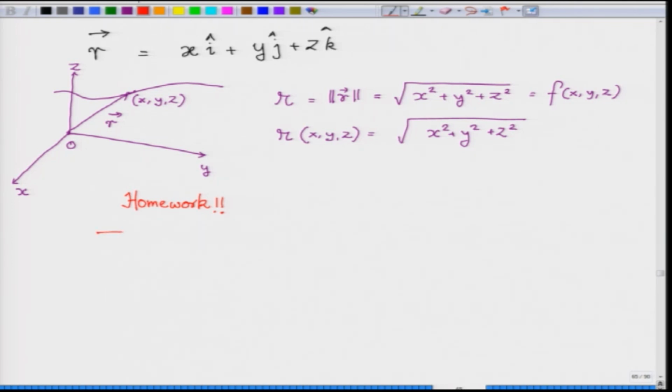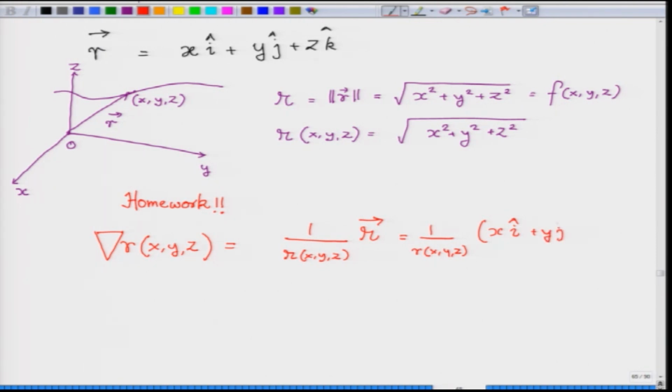So, the gradient of the mapping r of x, y, z is 1 by r of x, y, z into the vector r, that is 1 by r of x, y, z scalar multiplying the vector, which is x i vector, y j vector, z k vector. You can try it out by computing the partial derivatives.